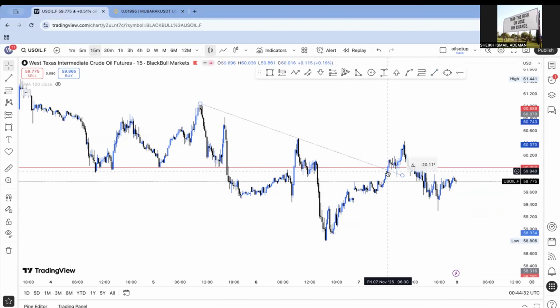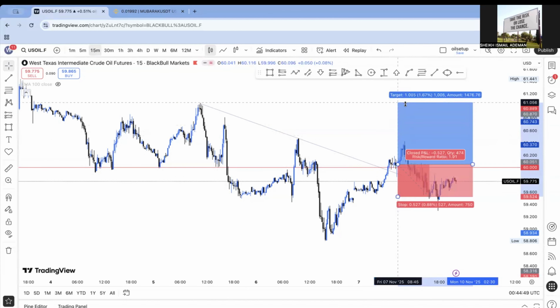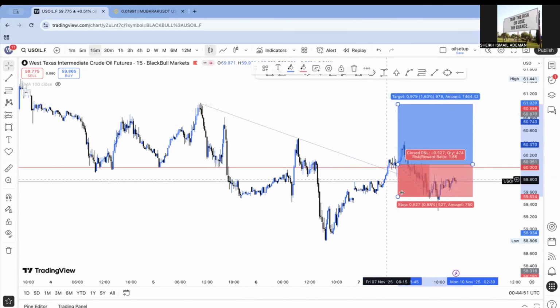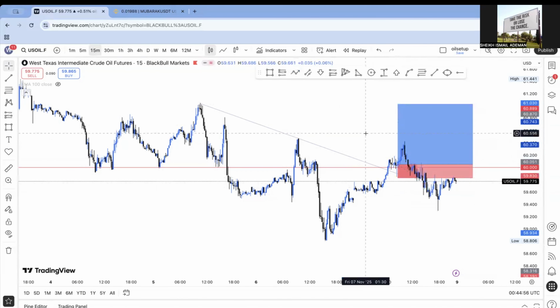But when you go to it, it didn't. So what do we do? We wait for price to give us a break and a retest. And then we can look for our entry and then target the high, for example, and move our stop loss right here.